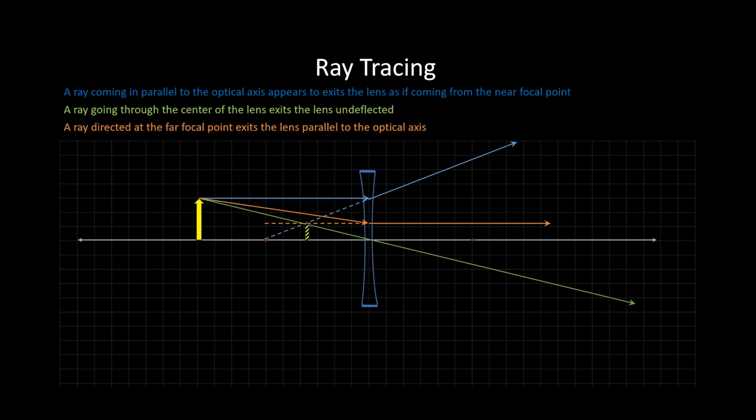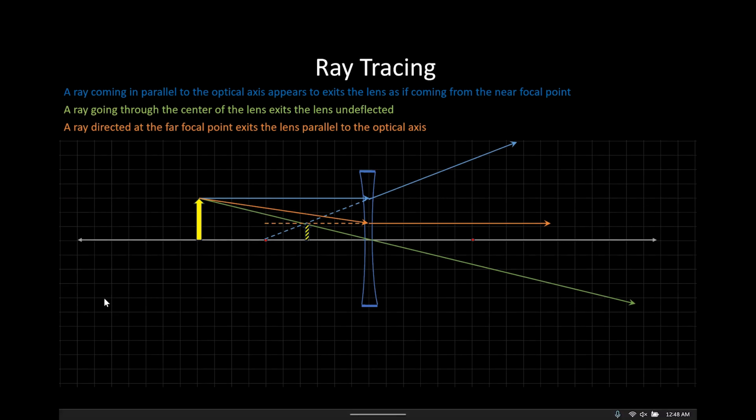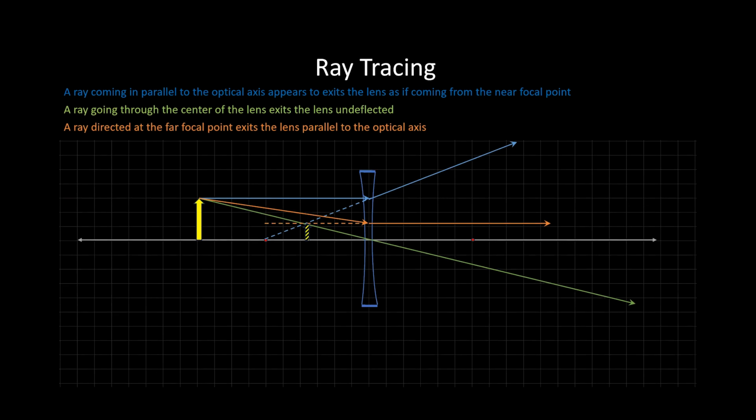Okay, so for this problem, let's go ahead and look at the numbers. What we have right here is an object sitting at 1, 2, 3, 4, 5, 6, 7, 8, 9, 10.